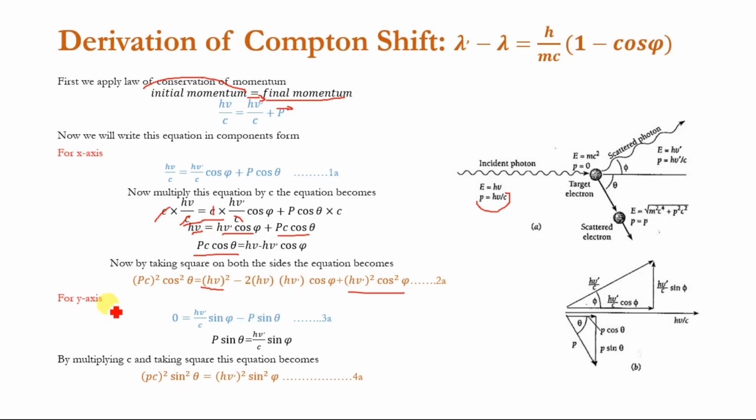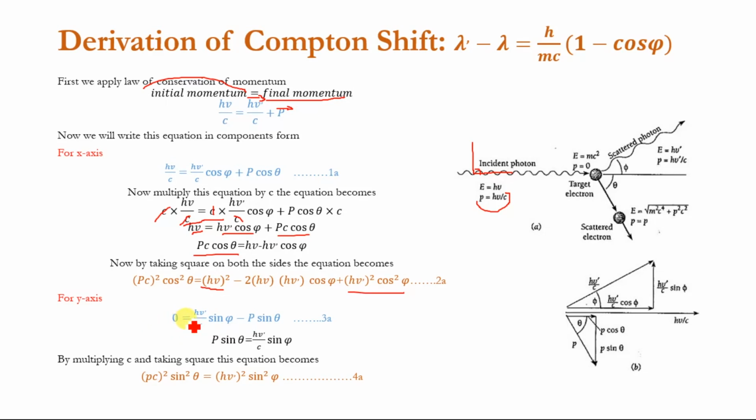Now we deal with the y-axis. For the y-axis, the y component of the initial momentum is hν/c sin θ, which is equal to 0, because for the y-axis we use sine, and the angle here is 0, because this incident photon is parallel to the horizontal axis. So for this reason the y component is equal to 0.